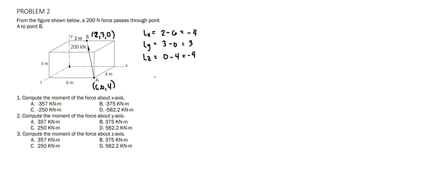Now, we can apply the Pythagorean theorem in 3D so we can get the diagonal distance from point A to point B. So the overall length is equal to the square root of L sub x squared plus L sub y squared plus L sub z squared.